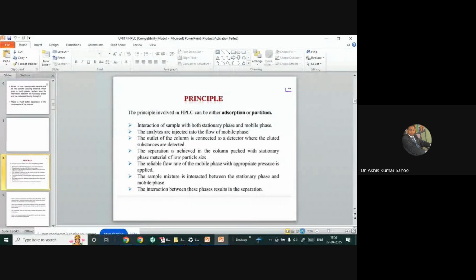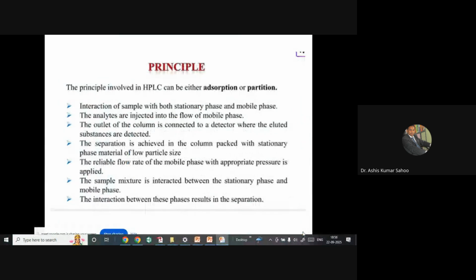So what is the principle of HPLC? These are the principles on which HPLC was constructed. The principle involved in HPLC can be either adsorption or partition. The sample can interact with both the stationary phase and the mobile phase.